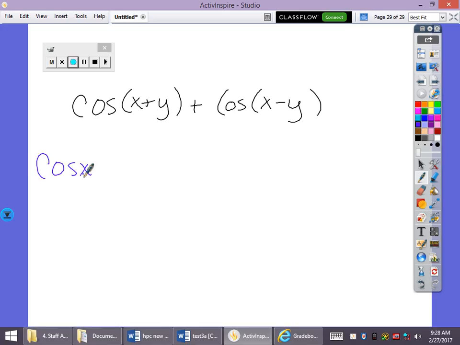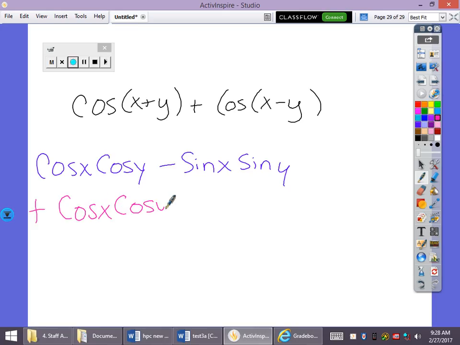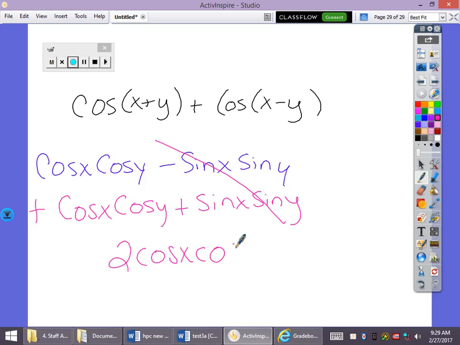So cosine x cosine y minus sine x sine y, and I'm going to combine that with cosine x cosine y plus sine x sine y. What happened? The sines cancel, leaving me with how many? 2 cosine x cosine y. Was that the goal? Yep, problem done.